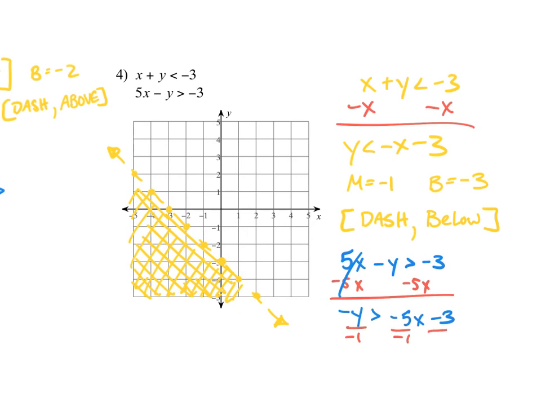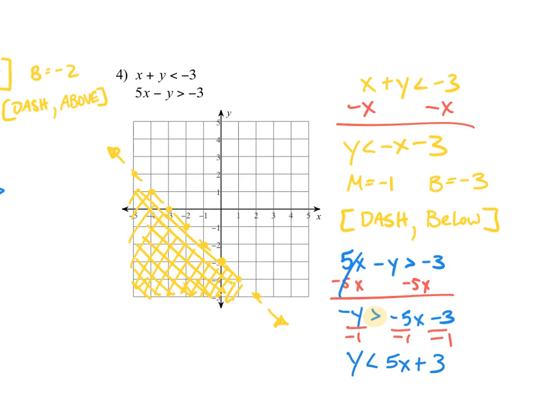Divide everything by a negative. When we do that, you beat me to it, you've got to flip your sign. So now, y will be less than 5x plus 3.